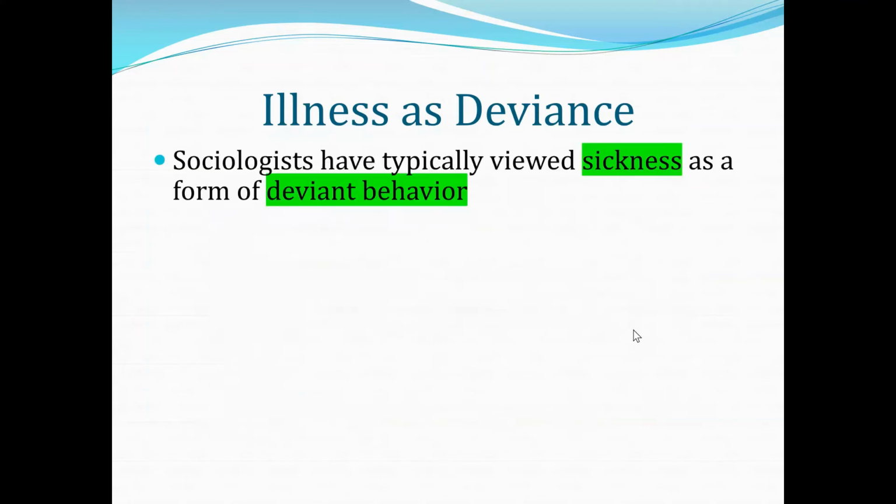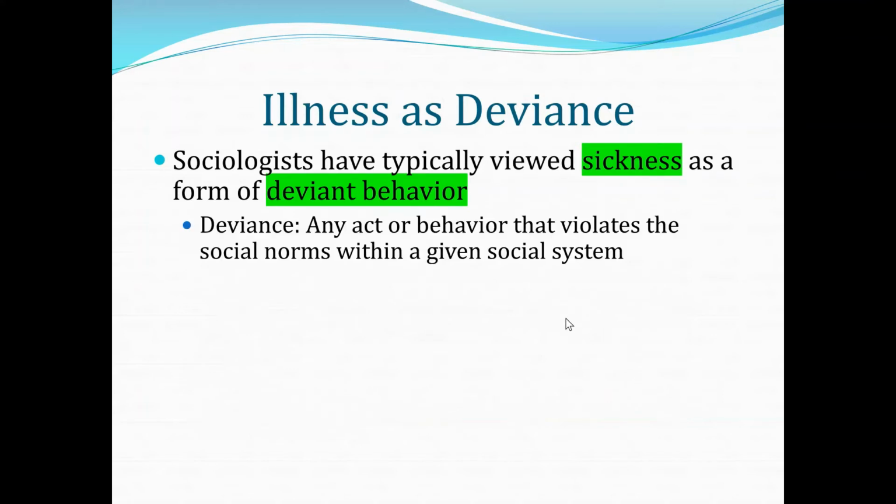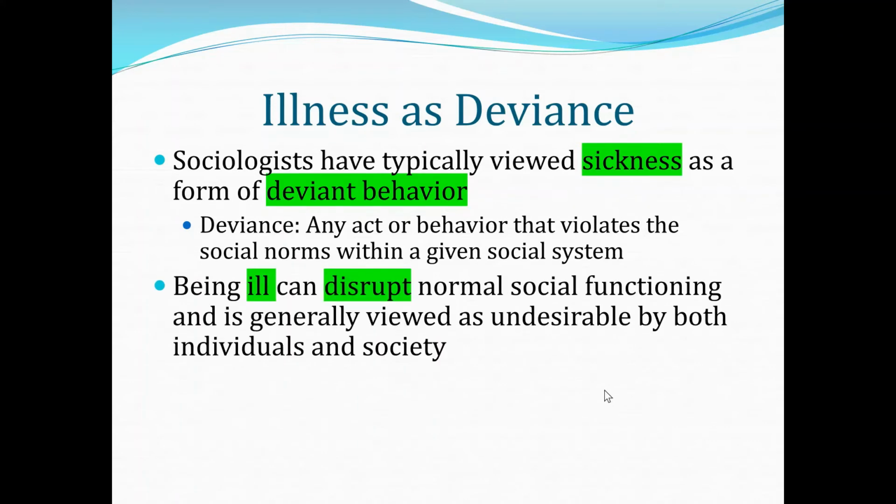Okay. And sociologists have typically viewed sickness as a form of deviant behavior. Before we go further, it's probably useful to understand what deviant behavior and deviance are. Deviance refers to any act or behavior that violates the social norms within a given social system. And being ill can disrupt normal social functioning and is generally viewed as undesirable by both individuals and society.